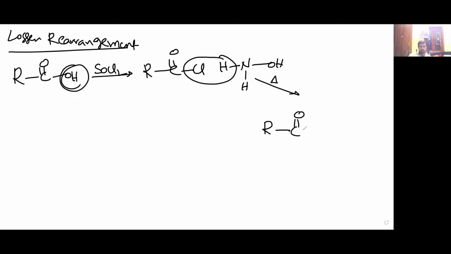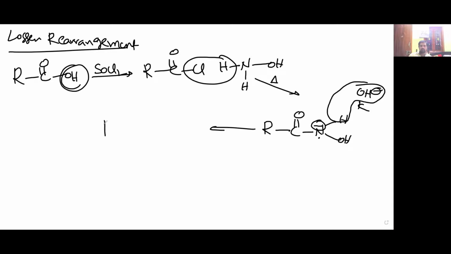Then R-C double bond O, NH, OH. So this is again treated with base. You know already the base's importance. Base, KOH. So what part is eliminated? The base abstracts the acidic hydrogen, then nitrogen gets a negative charge.